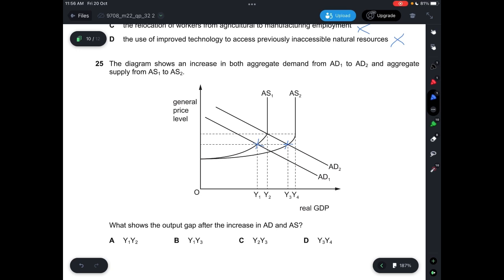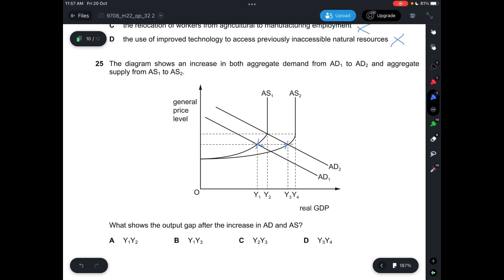So the output gap here should be between the quantity that is already at the optimum level and the quantity at full employment.